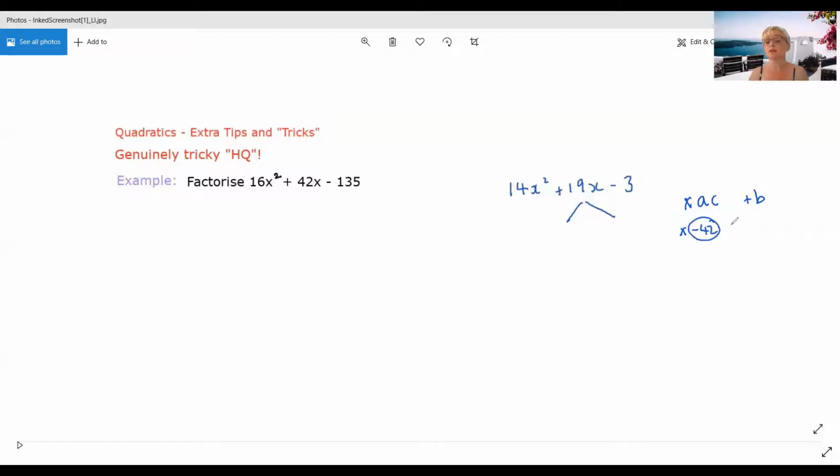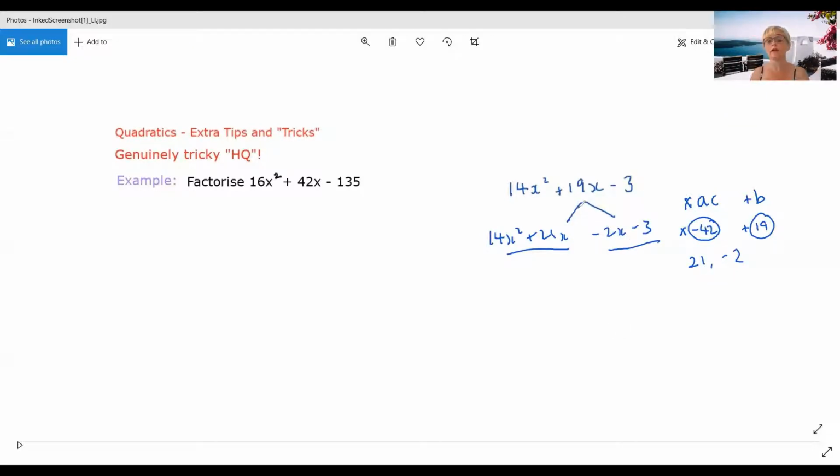And B was 19, so we wanted them to add to give +19. We came up with +21 and -2. And of course, it doesn't matter which order you write them in. You can go with your +21x here, -2x here, etc. And then you continue on from there using grouping.